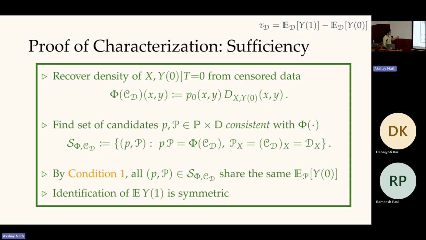And maybe before going to necessity, I'll just mention quickly what we need for the finite sample estimation of this. For the finite sample estimation, we need some robust version of the condition, which says that if the products approximately match and the marginals approximately match in TV or your favorite distance metric, then the average treatment effect has to approximately match.